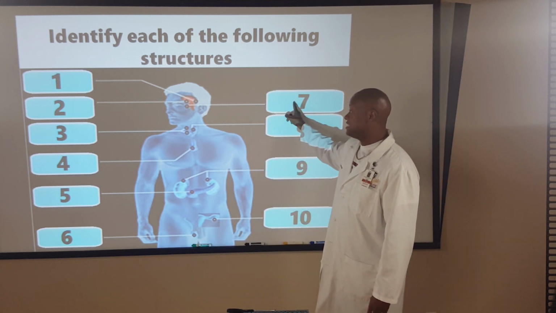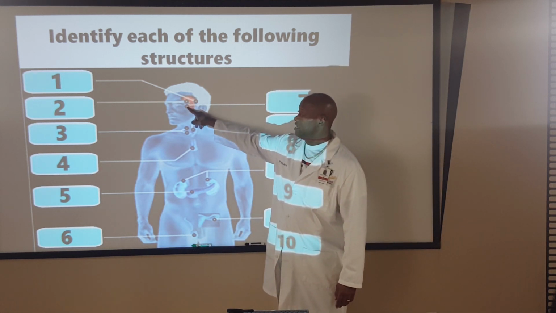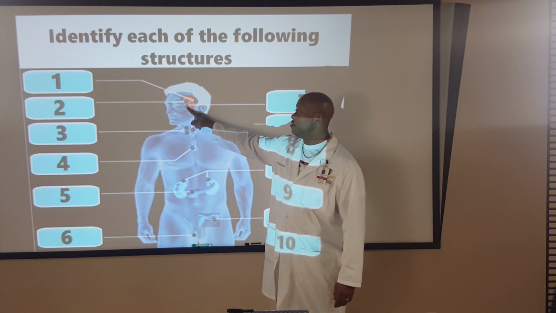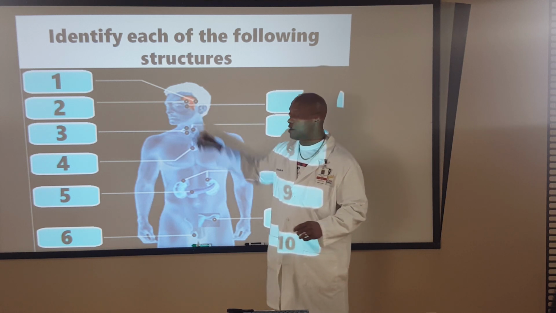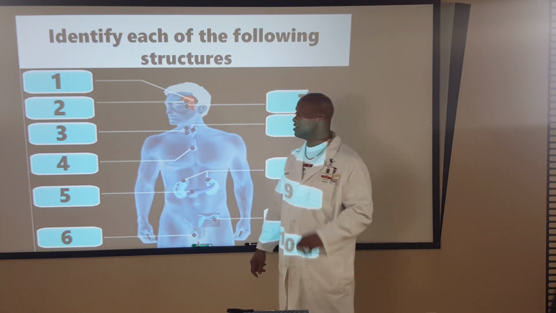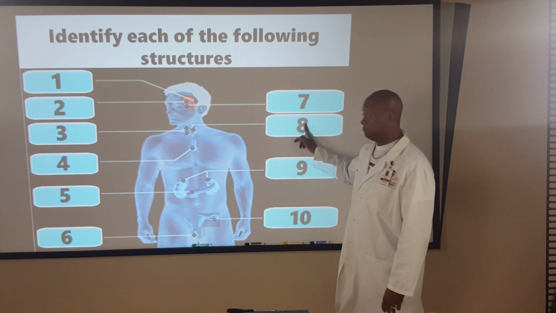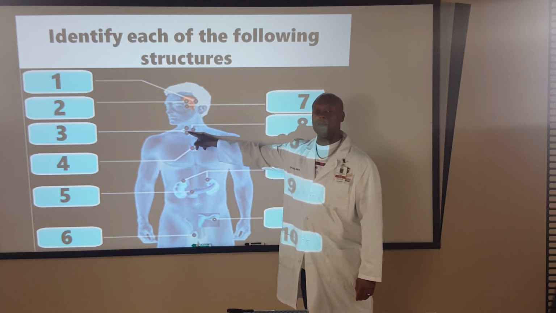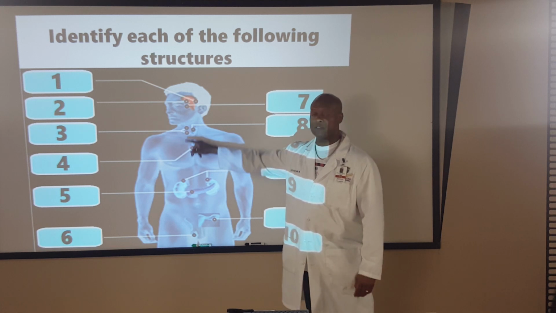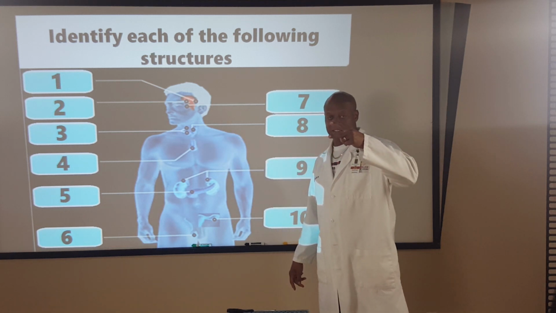7 is pointing just under where number 2 is, in a more anterior position, but under whatever structure number 2 is. 8 is pointing right across from where 3 is, but we notice that 3 split.